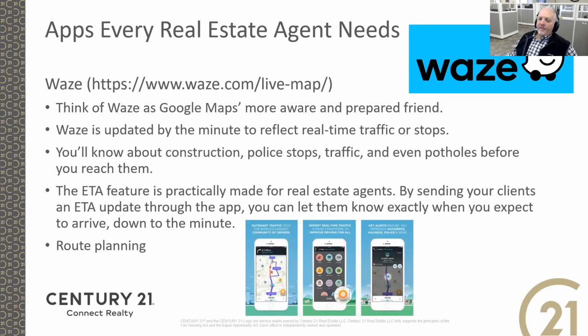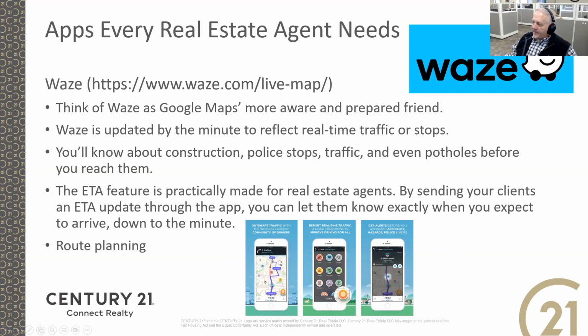All right, let's keep going. I'm a big fan of Waze. Mapping programs, everybody's got their own flavor, everybody likes their own brand. I've been a big Waze fan ever since it first came out. Think of Waze as a more friendly version of Google Maps.